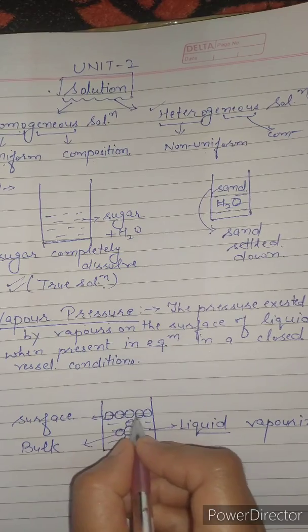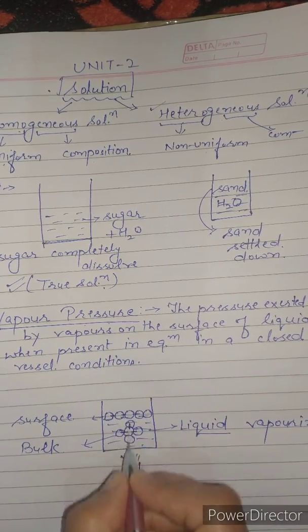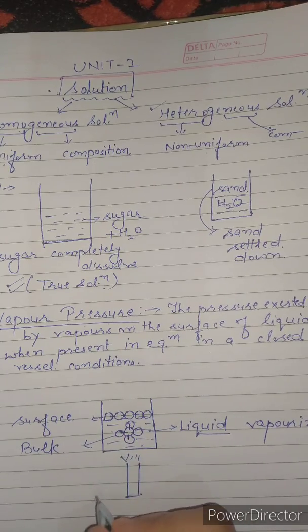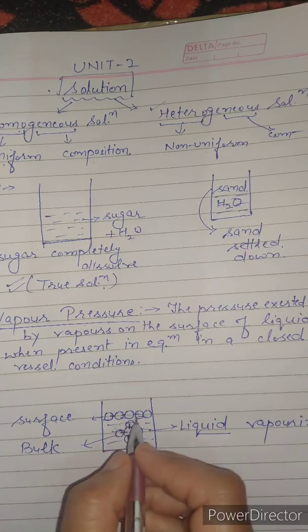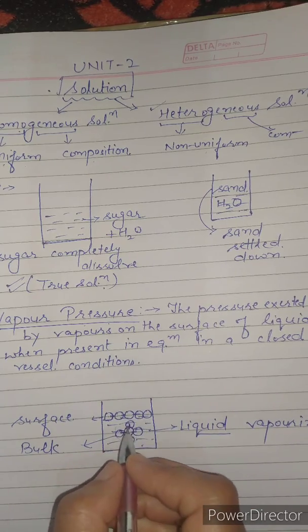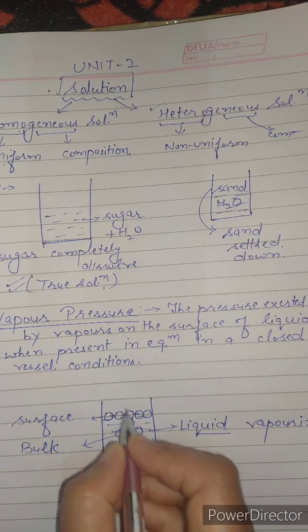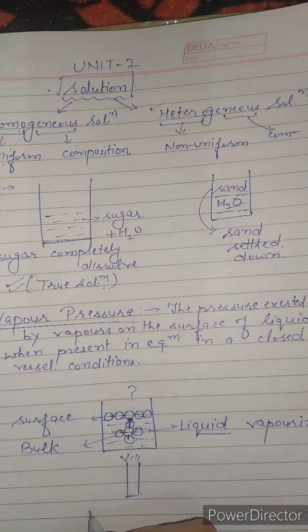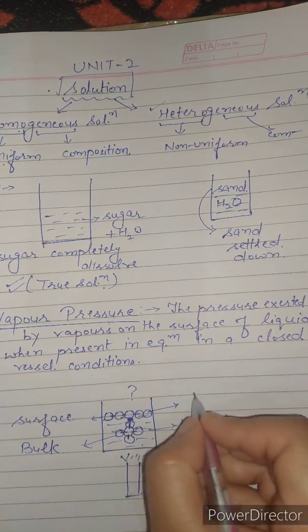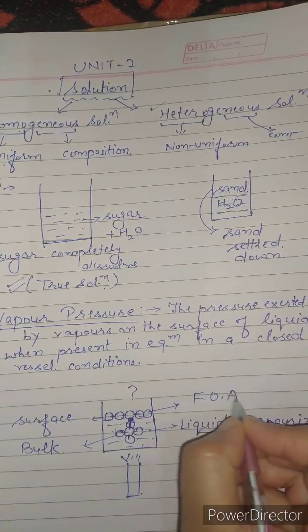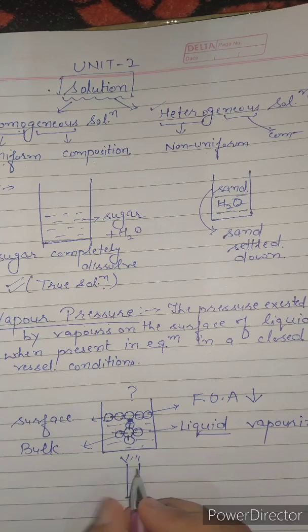Here we easily understand that the bulk molecule is uniformly surrounded on all sides by other liquid particles, but the surface molecules have forces of attraction only on the inner side. There is no force of attraction on the outer side. It means they have less forces of attraction.